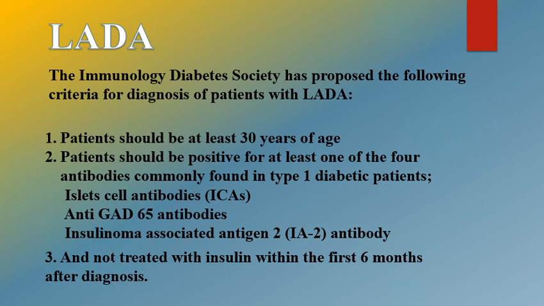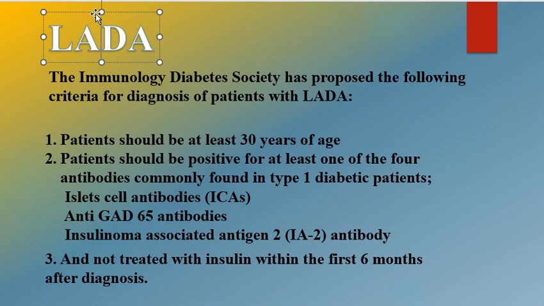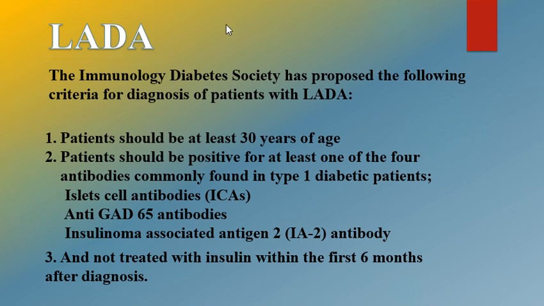These are very good markers for LADA. The third diagnostic criterion is that the patient should not be treated with insulin within the first 6 months after the diagnosis. And why 6 months? Because in LADA, the damage in the pancreas is actually very slow.